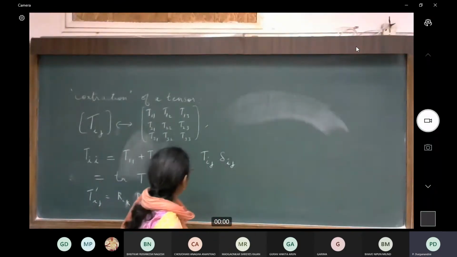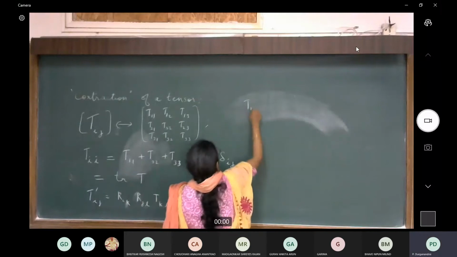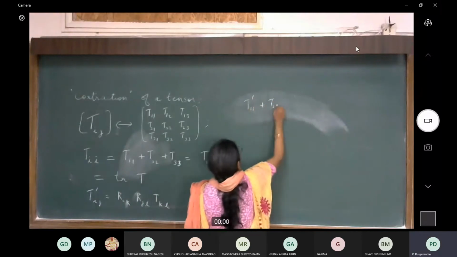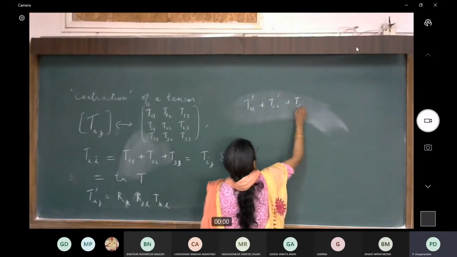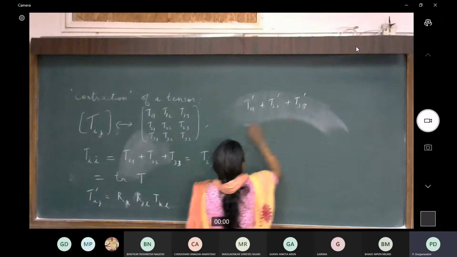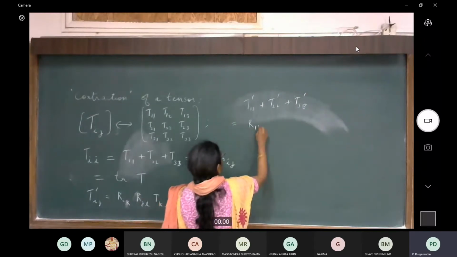Or let me do it directly: T11 prime plus T22 prime plus T33 prime is equal to R1l and so on.